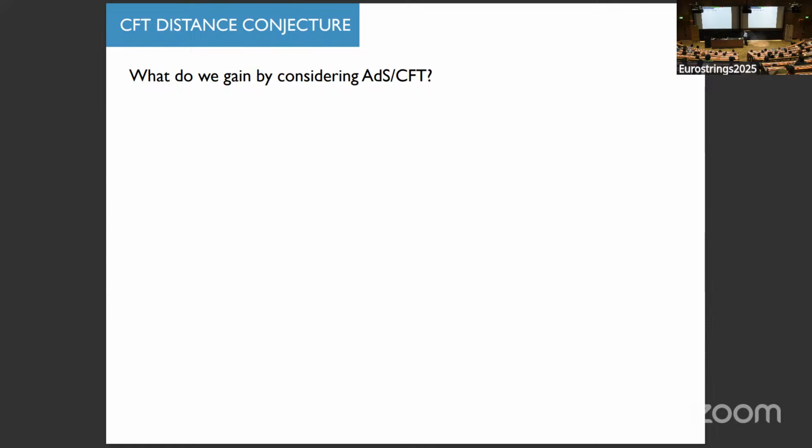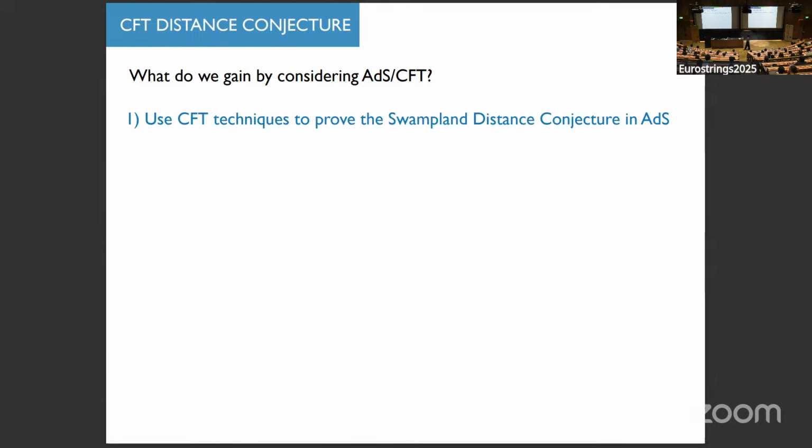What do we gain by considering the distance conjecture in CFT? Well, there are 2 things. First, as I was saying, we can try to prove the swampland distance conjecture using CFT techniques in general.